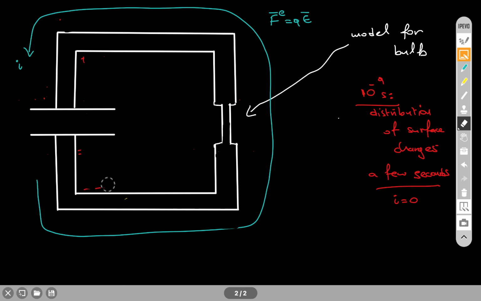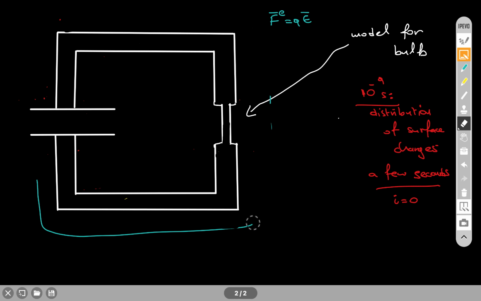And it does take a few seconds, depending on what you have connected to the resistor. It will take a few seconds to see that current go to 0. If you have something else connected to your capacitor, it may take a few minutes. And you can actually control that. You do control how long it will take for the capacitor to be fully discharged.